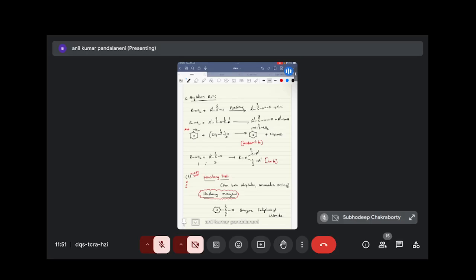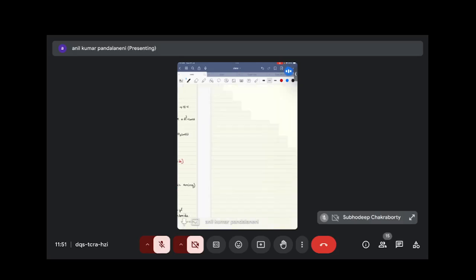In alkyl halides, we took CH3 with S double bond O, S double bond O, Cl.